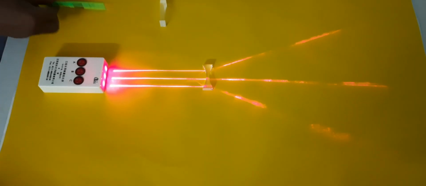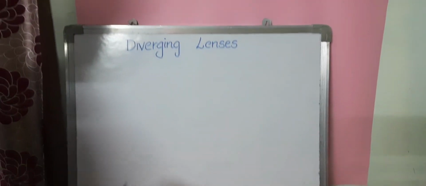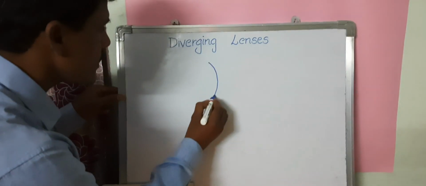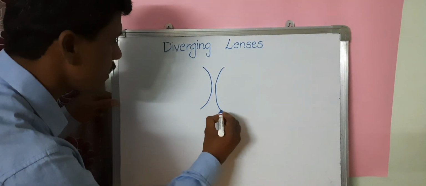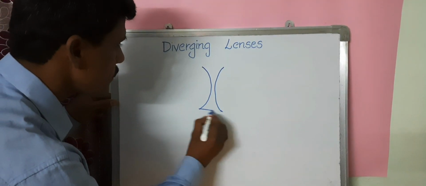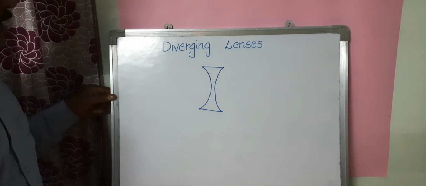Now I am going to explain this on the board. See here. This is one concave surface. This is another concave surface. This is a concave lens or double concave lens.